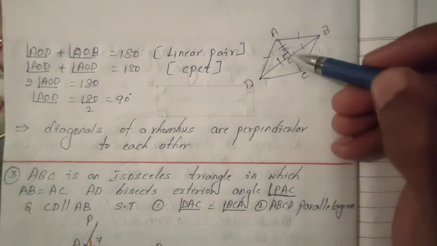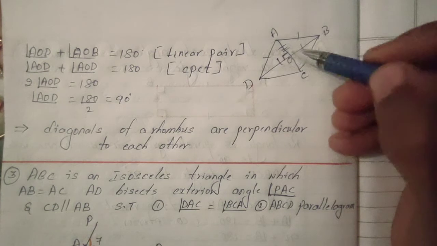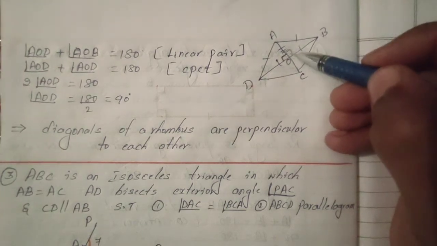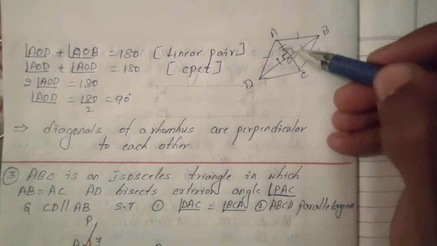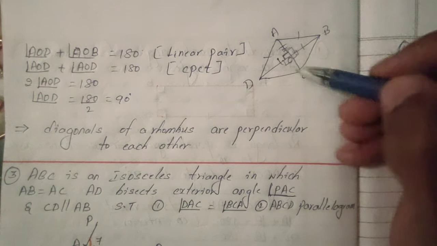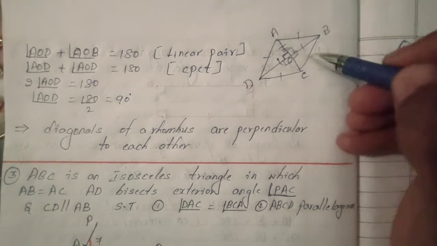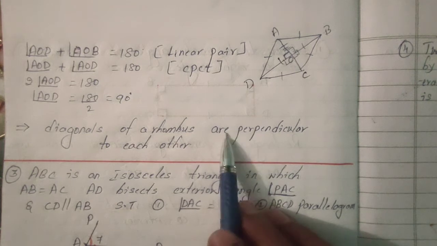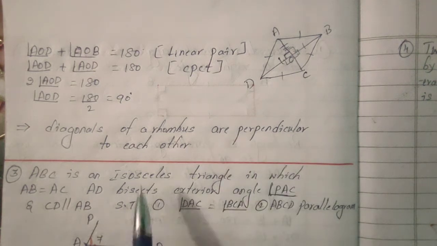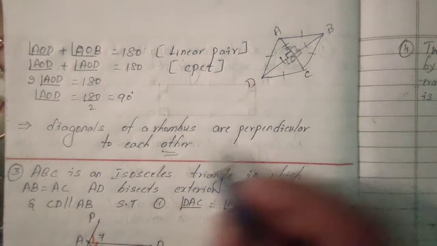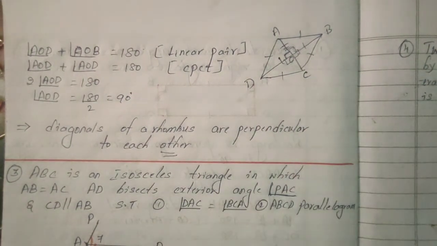If one angle is 90, the remaining three angles are also 90, because this is 90, so this is 90, and this is also 90, this is also 90. So diagonals in a rhombus bisect at 90 degrees. Diagonals of a rhombus are perpendicular to each other because all the angles are 90. Okay?